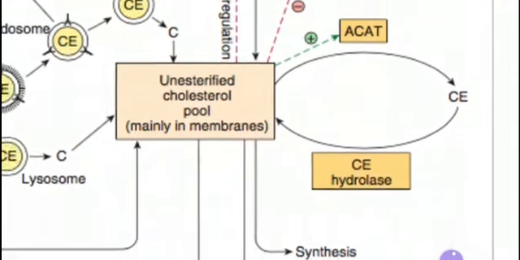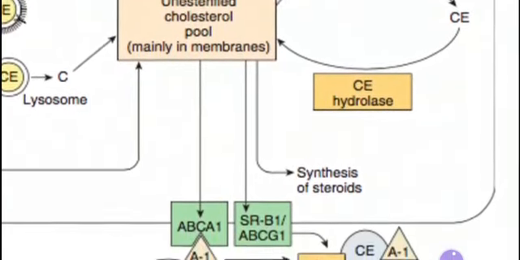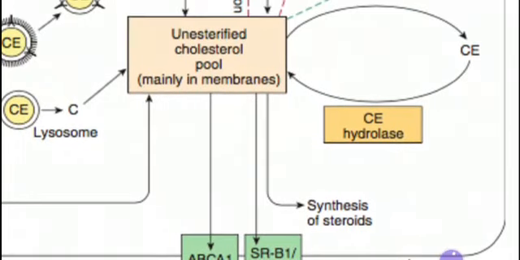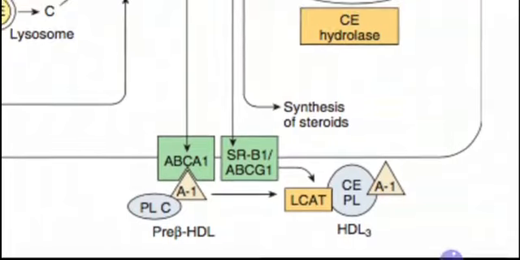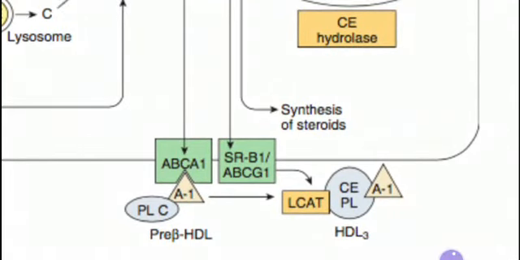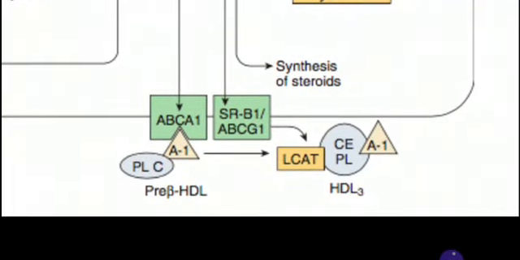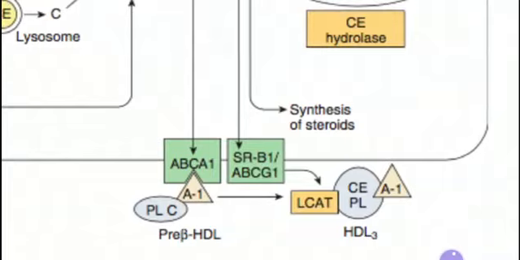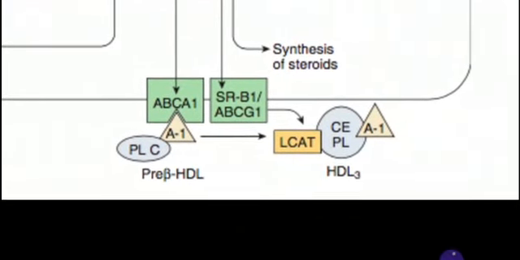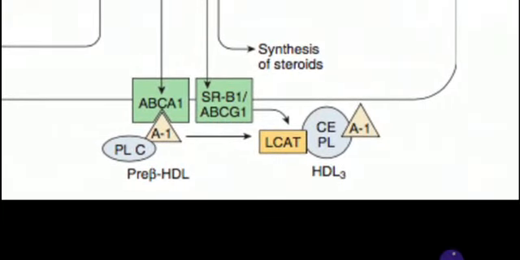Now, what are the things which decrease the cholesterol level in the cell? This is the cholesterol uptake by the HDL particles via ABCA1, ABCG1 or SR-B1.